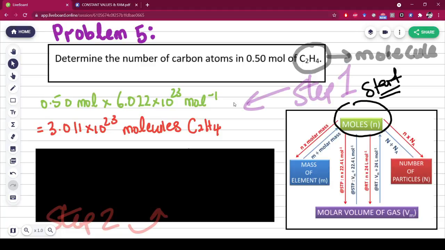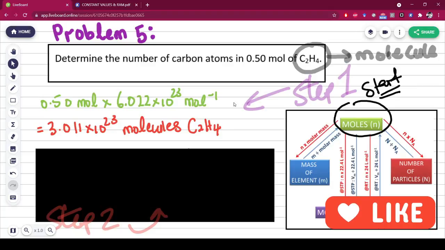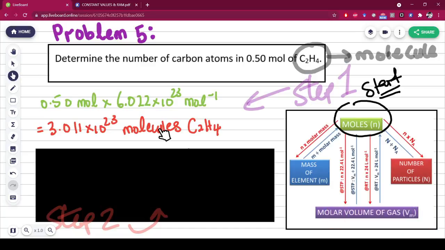Some misconceptions or common mistakes that students would do in this kind of questions in exams, they're just going to stop right over here, okay? They're going to stop right over here because they were used to this kind of question in which they were required to find the number of molecules when a certain number of mole is given.